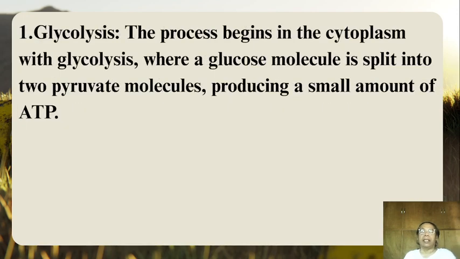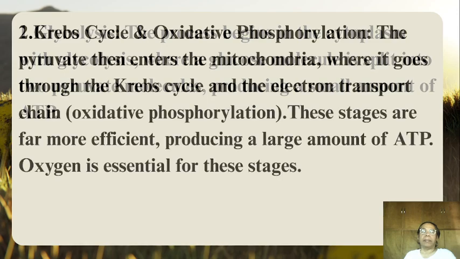Glycolysis. The process begins in the cytoplasm with glycolysis, where a glucose molecule is split into two pyruvate molecules, producing a small amount of ATP.